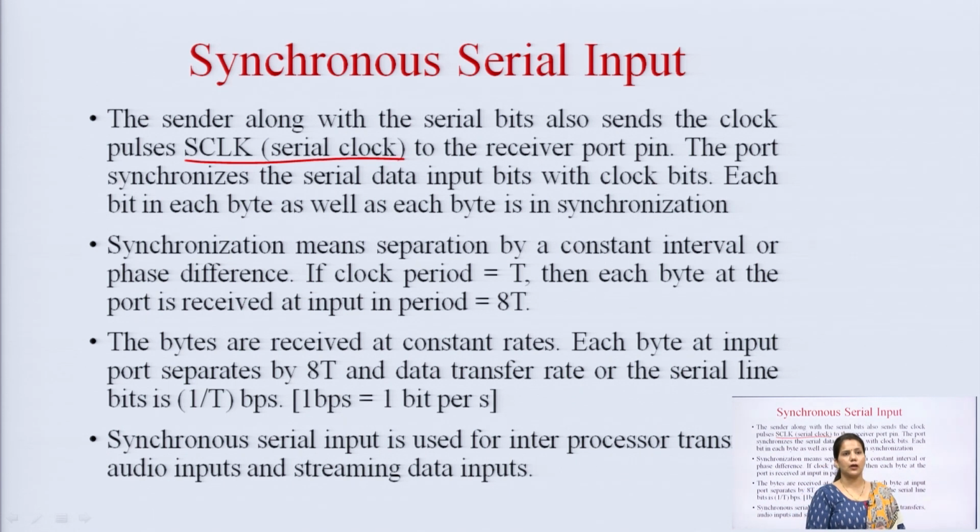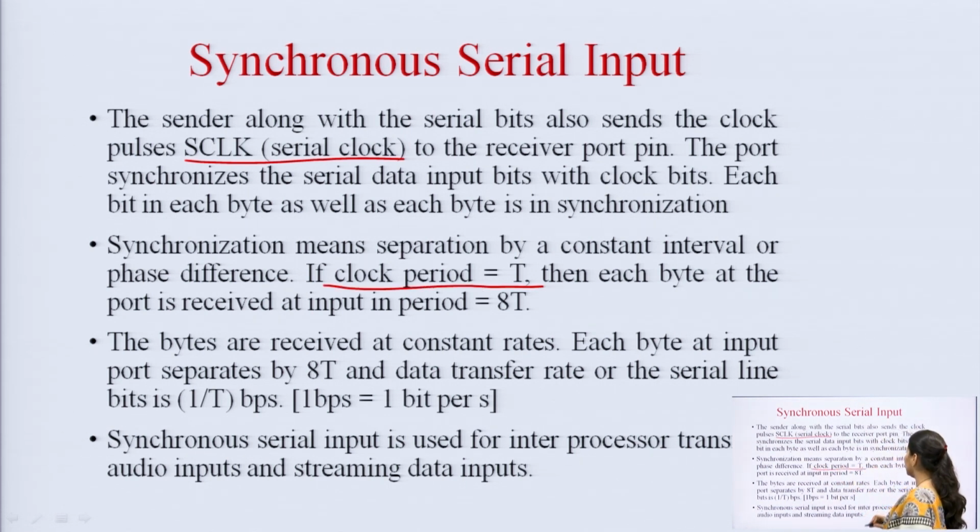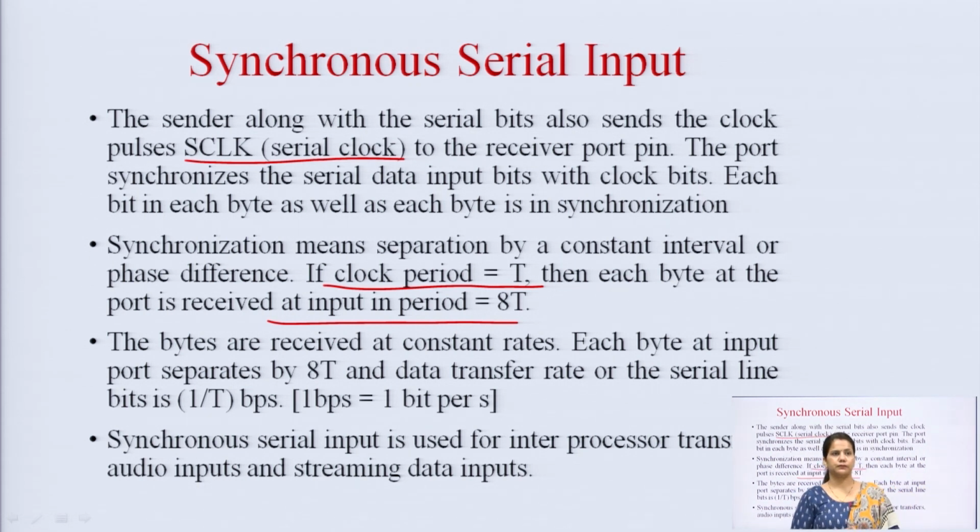Synchronization means that the separation is by a constant interval. If the clock period is capital T, then each byte at the port is received at the input with the period 8T, because there are 8 bits.